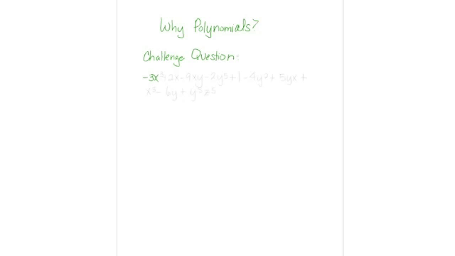Negative 3x cubed plus 2x minus 9xy minus 2y to the 5th plus 1 minus 4y squared plus 5yx plus x cubed minus 6y plus y to the 5th power and z to the 5th power.